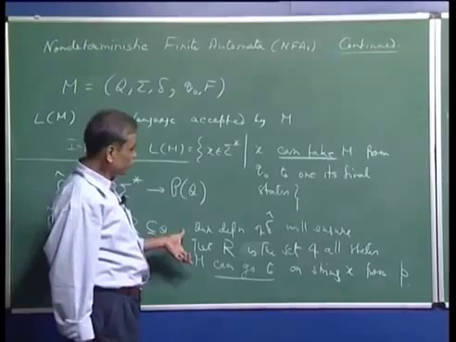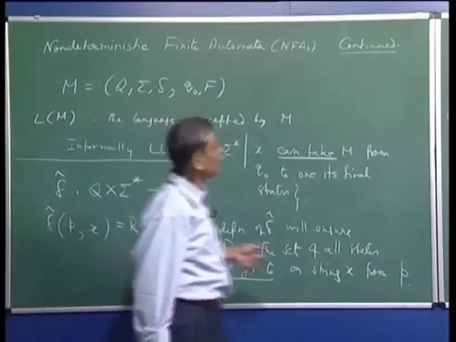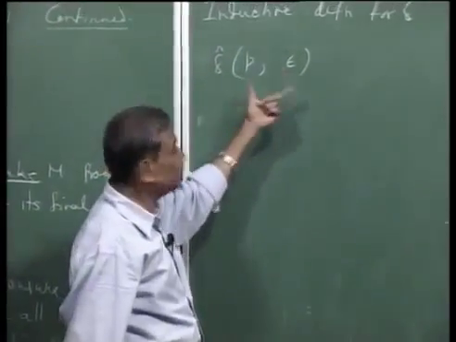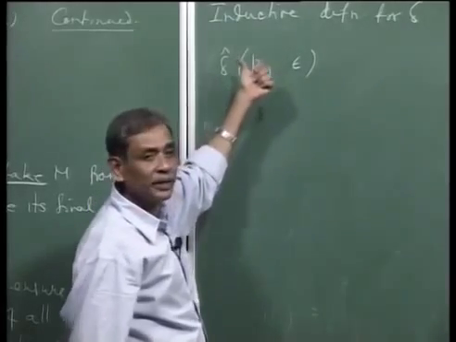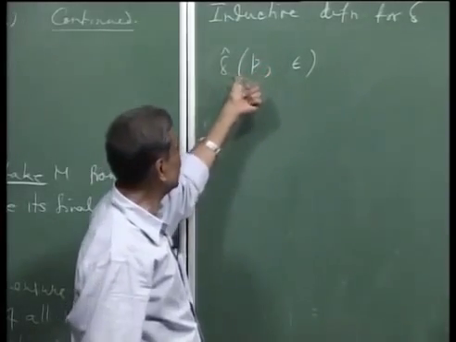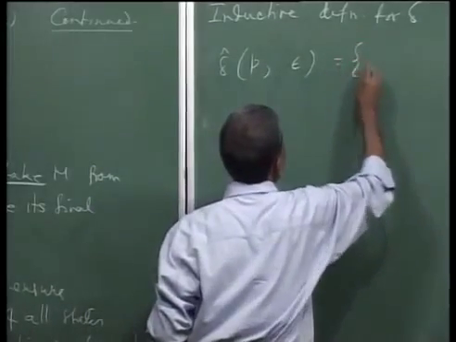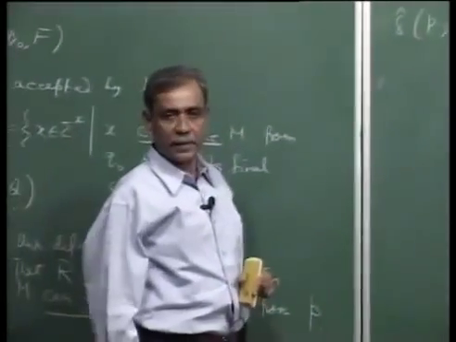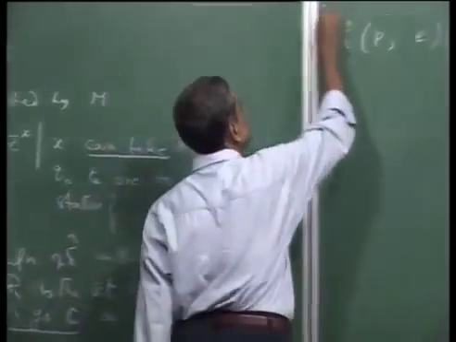What do you want to ensure? That the set of all states the machine can go to from P on this string, but then there are no symbols it has seen, so it cannot make any transition, it will remain in the state P. So clearly delta hat of P and epsilon is the set containing P. Okay, so this is the base case.